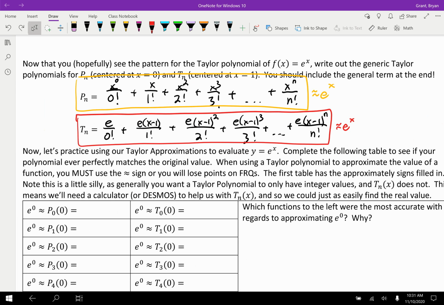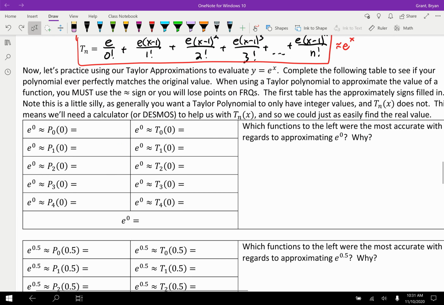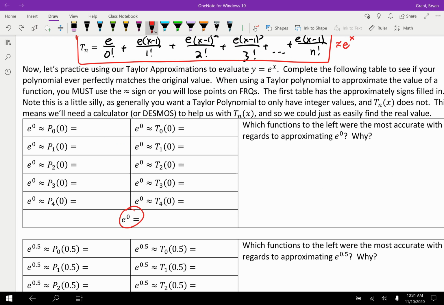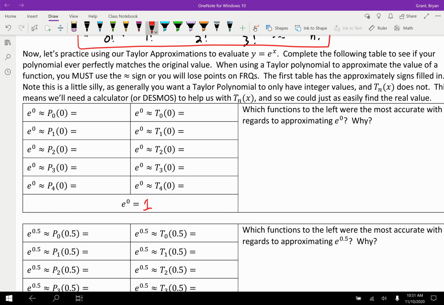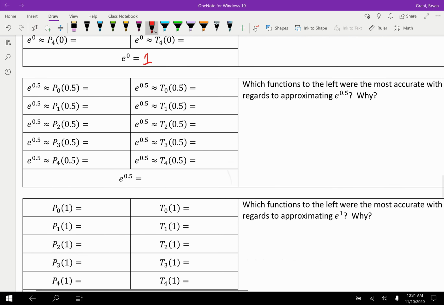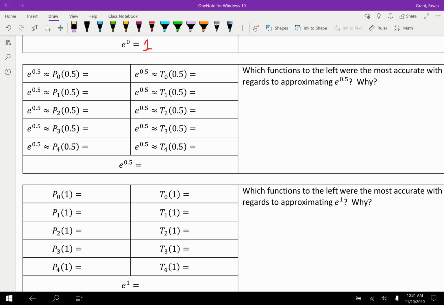Now, I mentioned using these, so we should probably figure it out. Let's say that we wanted to evaluate, and this is kind of weird, it's the bottom. Let's say that we wanted to figure out the answer of e to the 0th. Now, this is kind of a silly question, because don't we know that e to the 0th is 1? Sure. Okay, well, what if I wanted to figure out e to the 0.5 without a calculator? That's the square root of e.